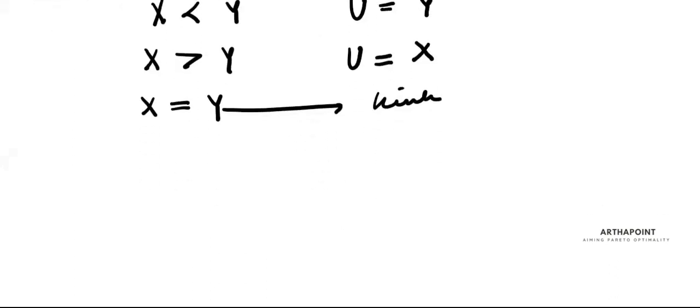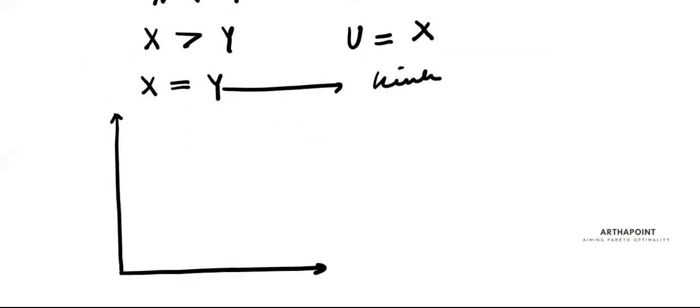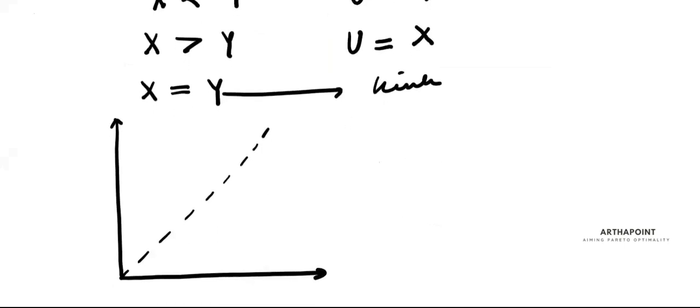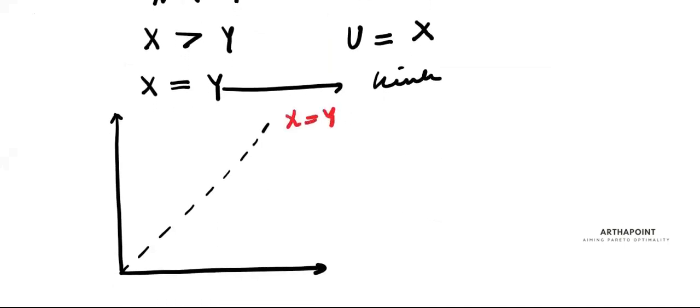Right? So how do I go ahead and draw the indifference curve for this? Now again, this is my line of kink. The line of kink is always derived by equating what comes inside the max function. So here I have equated x equal to y. This is the zone where x is greater than y. This is the zone where x is less than y.